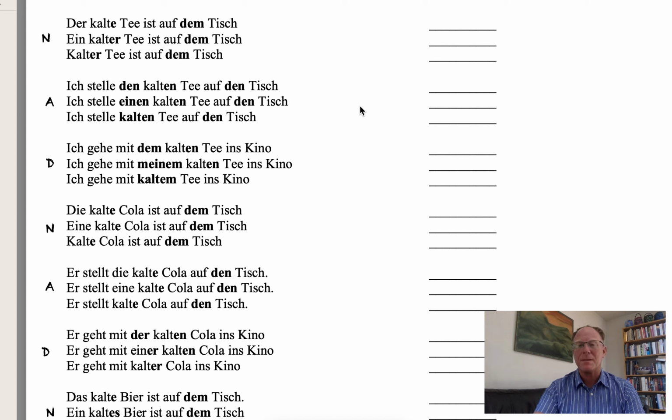Now, in the second stanza, you will see the drink is always a direct object. And the changes that happen to direct objects are called the accusative case changes. And in the third stanza of every line, the drink is in the dative case. And in this case, because of, once again, the dative preposition mit.